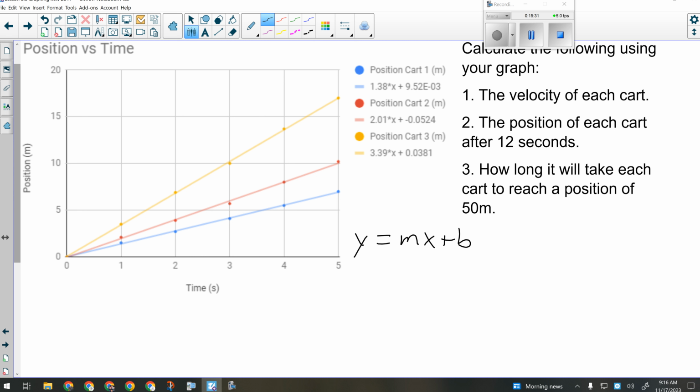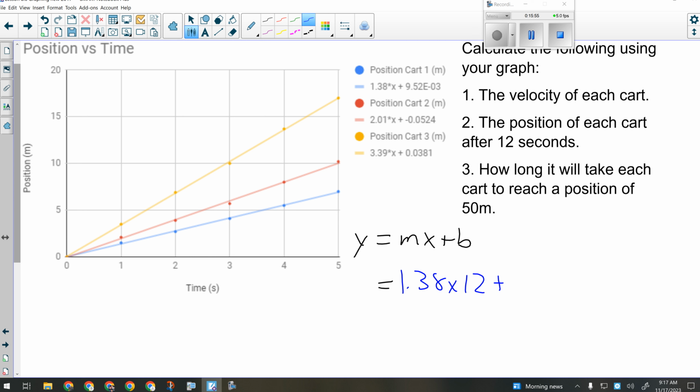Okay? So we're going to take cart number 1. Okay? So we'll do the manipulation here, and then, oh, actually, we don't have to manipulate, we just said that. Okay, so for the blue cart, that is going to mean 1.38 times 12 seconds plus 9.52 times 10 to the minus 3.